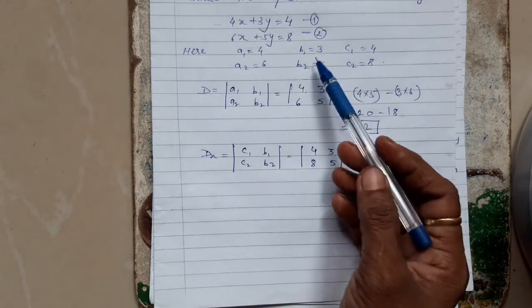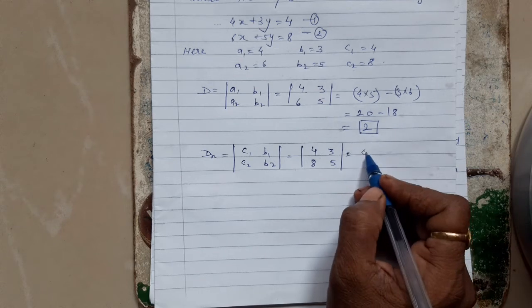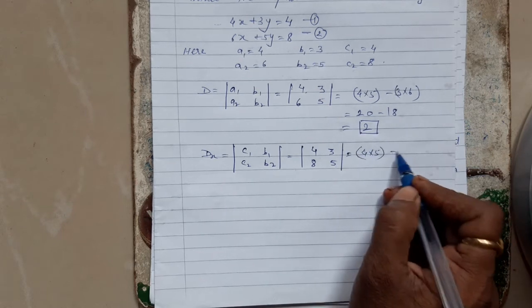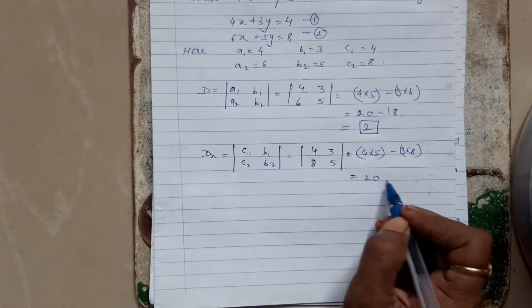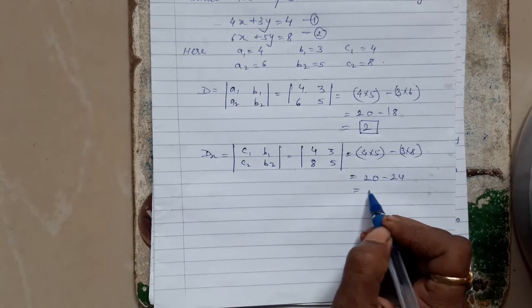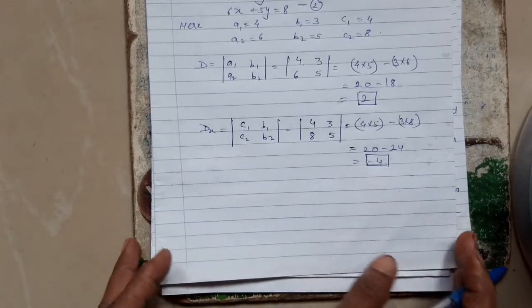Next, dx is equal to c1, c2, b1, b2, is equal to 4, 8, 3, 5, which is 4 into 5 minus 3 into 8. So it becomes 4 5s are 20 minus 24 is equal to minus 4. So what is our dx? It is minus 4.